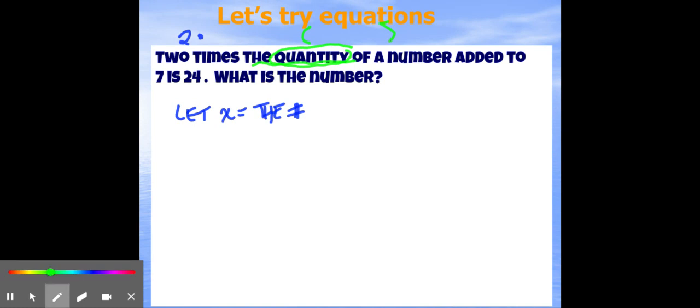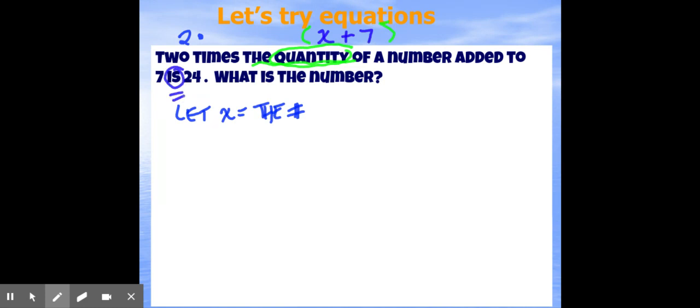That's what that means. So it's important that I told you that in case you've never seen that before. So what's about to be in parentheses? A number added to 7. Okay, is 24. So this is just working as our equal sign this time.